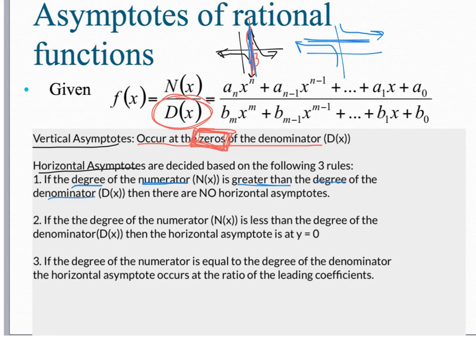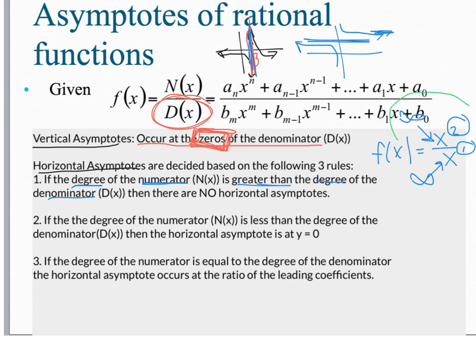Let's do an example. Let's say that we have x squared over x. Clearly the top has a degree of 2 and the bottom has a degree of 1. If you imagine this thing approaches infinity to the right, and I sub in positive infinity and positive infinity, which one is going to be bigger? Is infinity squared bigger or is infinity to the first power bigger?